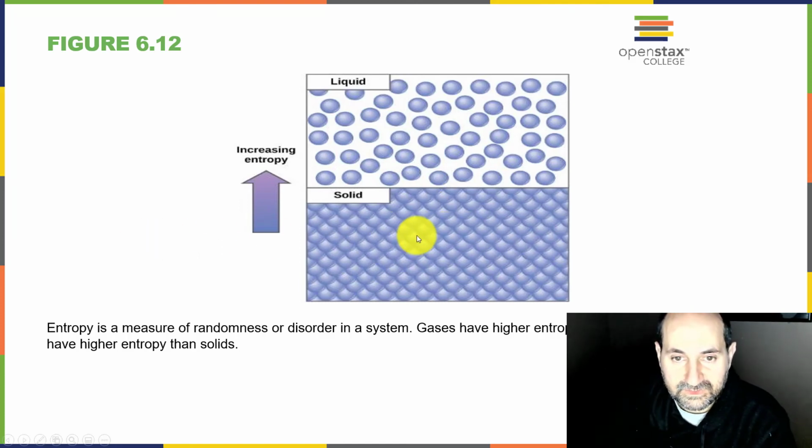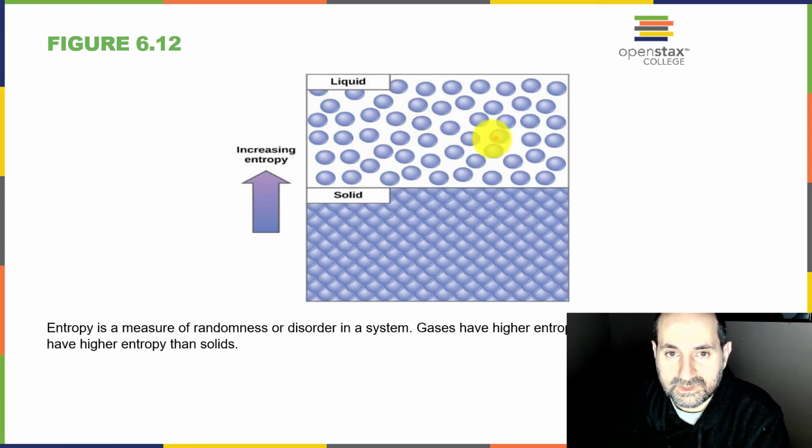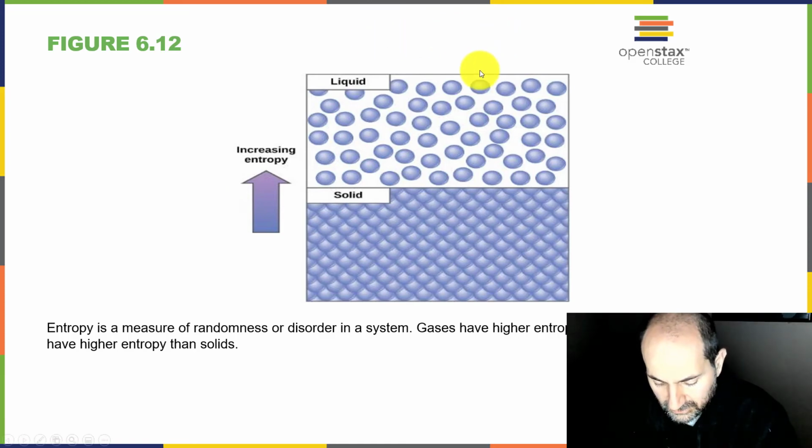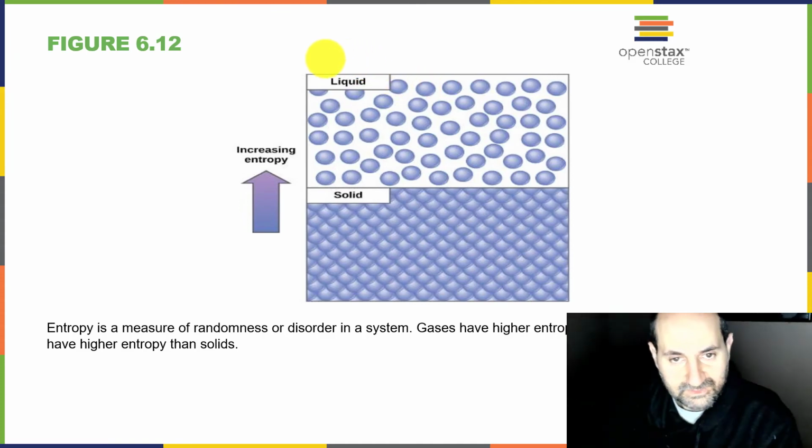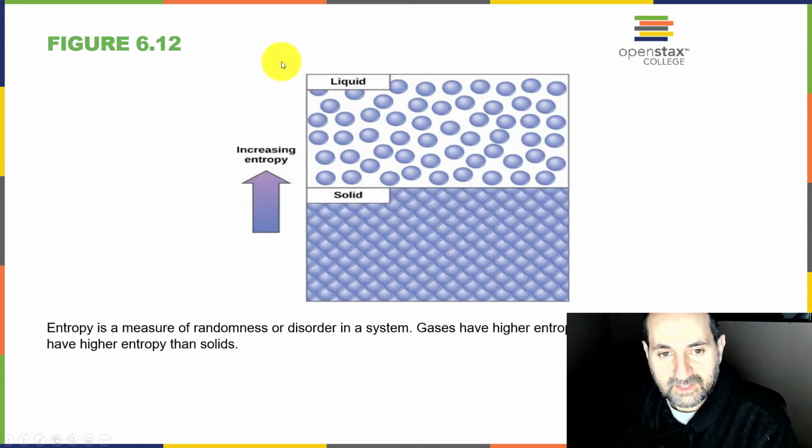We want to know that solids have the least disorder. They're considered the least disordered, followed by liquids. Liquids have more disorder, and gases have the most disorder. Okay, so when you're dealing with the phases of matter, solids have the least disorder and gases have the most.